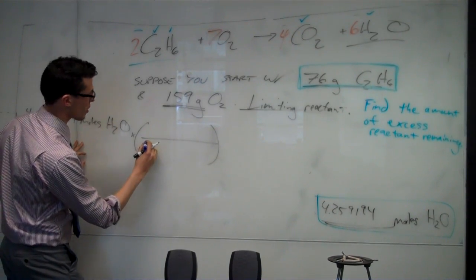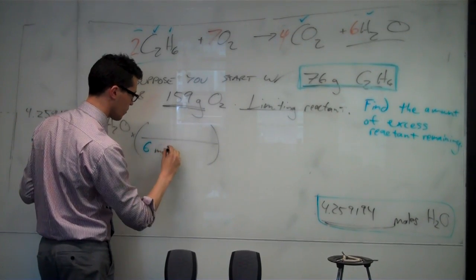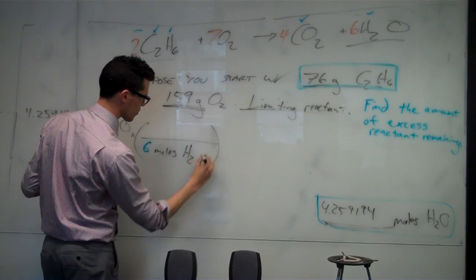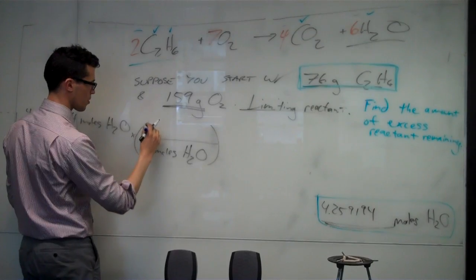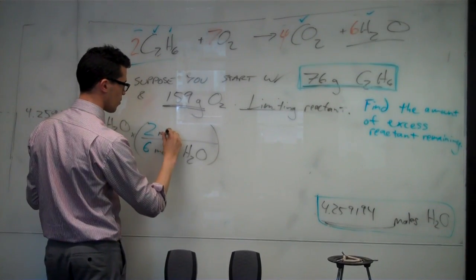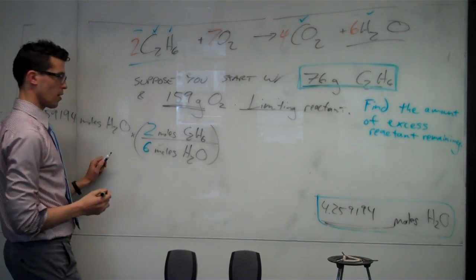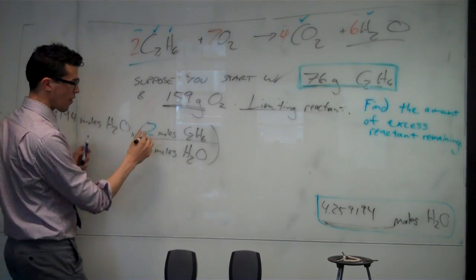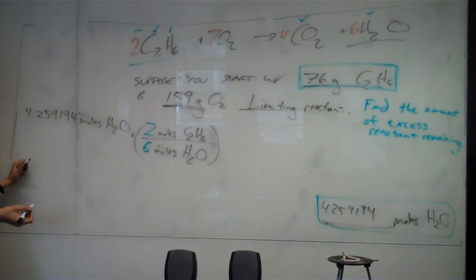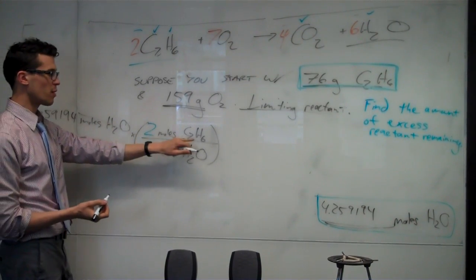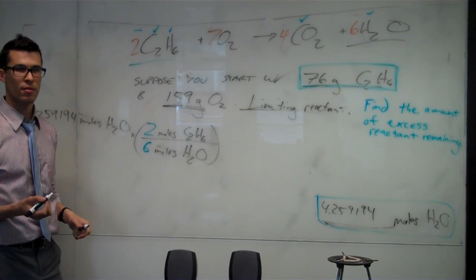We've got 6 moles of H2O, and for C2H6, there's 2 moles of C2H6. At that point, we're going to have moles of C2H6. These will cancel out. So that would be the moles of C2H6 that have reacted when you get this much of the product.